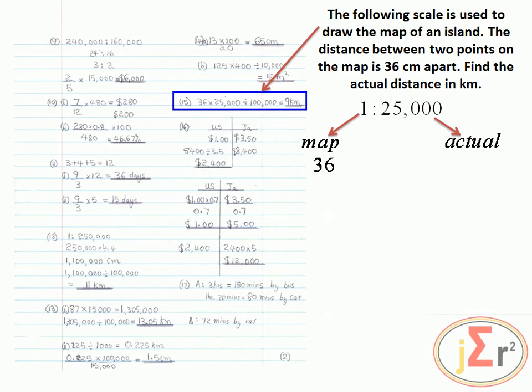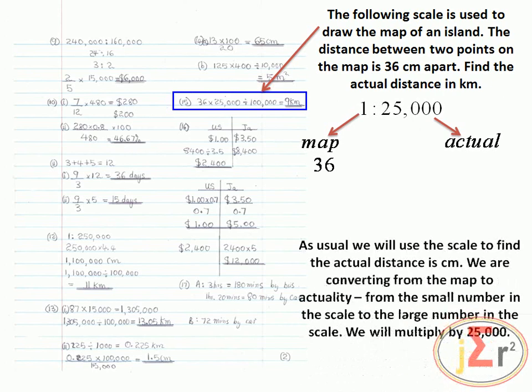So we take the 36 centimeters that we have on the map, and what do we do with it? Well, we imagine that we will convert it to distance in actuality, and we know that, that being the case, the actual distance will be more. Therefore, we will multiply by that 25,000.